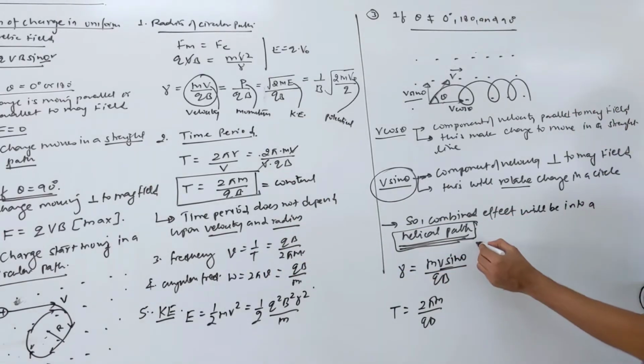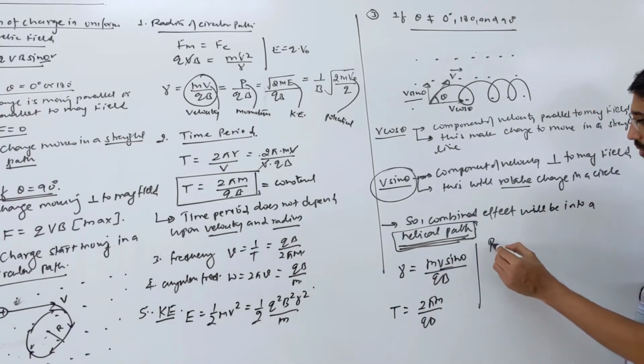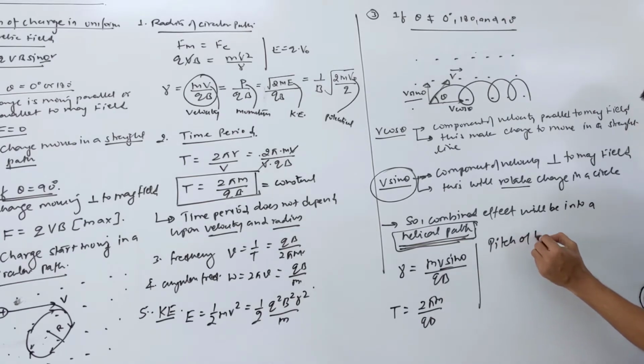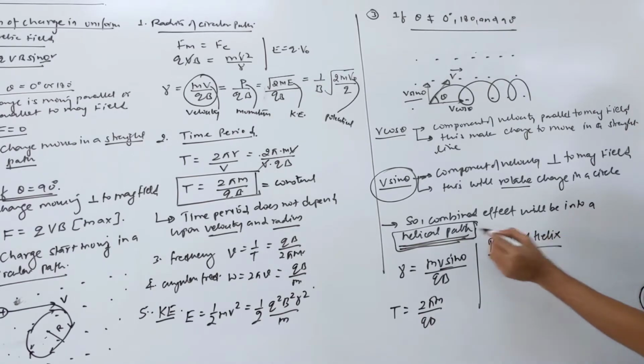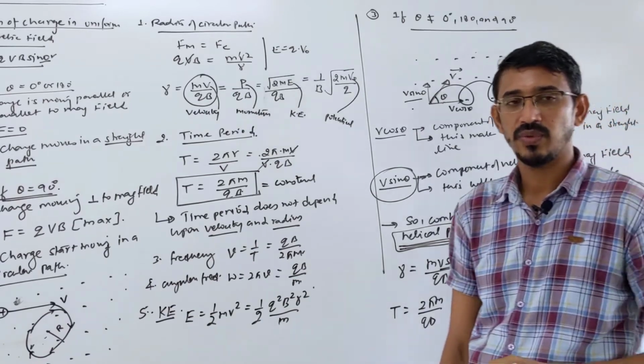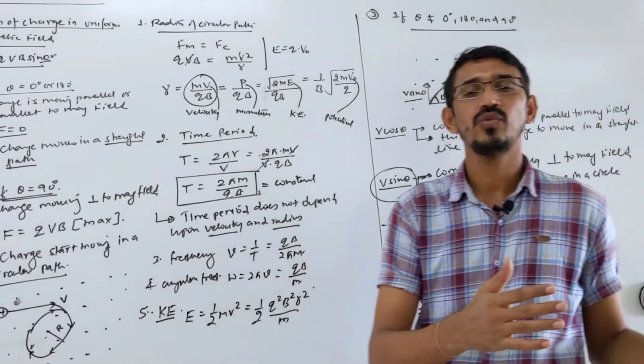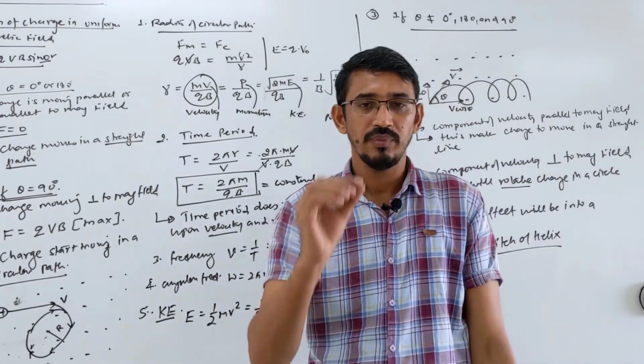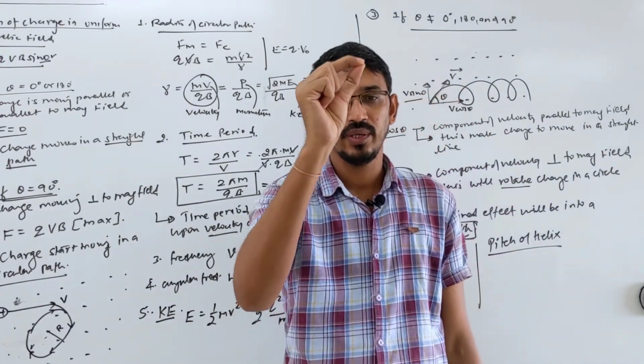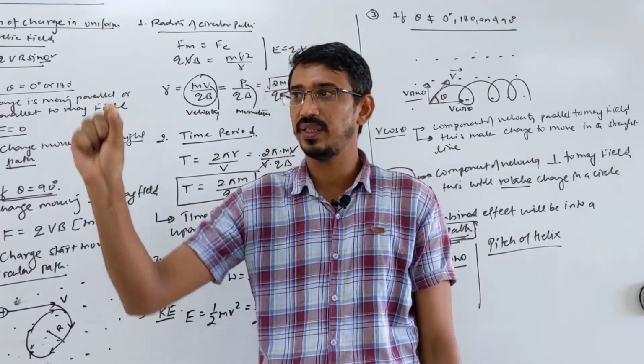What new thing comes here? They ask a question about the pitch of the helix. It is a helical path, so it should have a pitch. What is pitch? The definition is the distance moved forward in one rotation. Your charged particle starts from this point, and when it completes one circle it will be at this point.